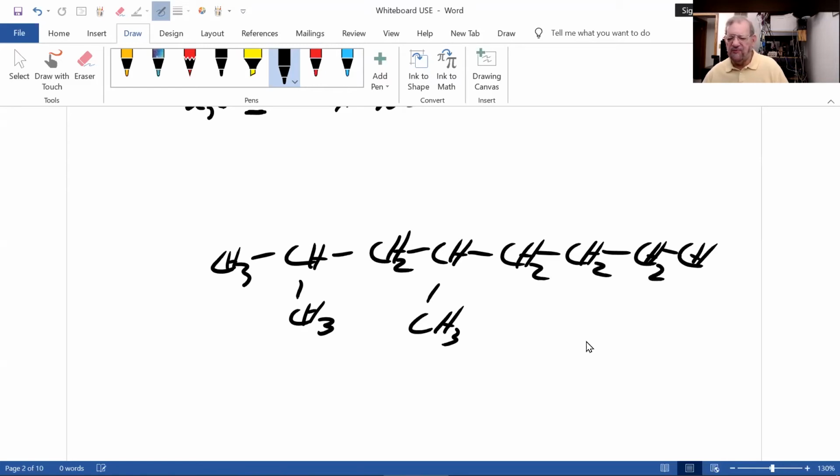Remember, it's your responsibility to let me know if I make a mistake with hydrogens. And now it's time for you to have some fun. What's the IUPAC name for this? First of all, what's the longest chain?